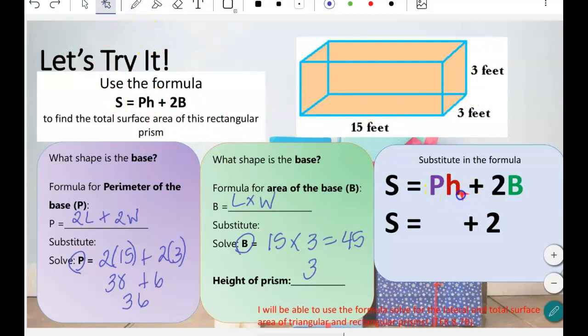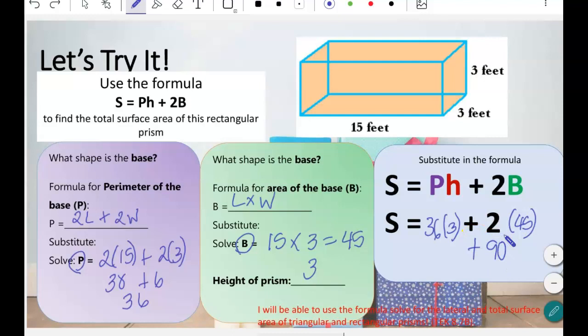So we're going to plug in what we have. So P times H. We just found over here P is 36. Our H is 3. So that's going to be 36 times 3. And then we got B is 45. So we're going to do 2 times 45. This is easy enough. 2 times 45 is 90.